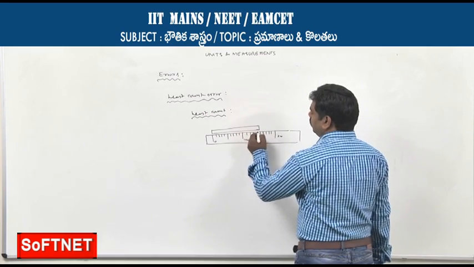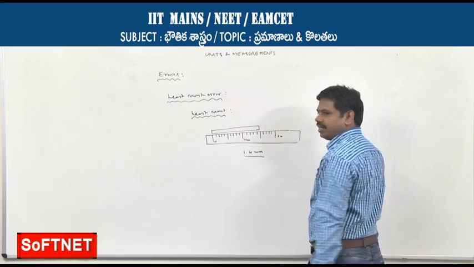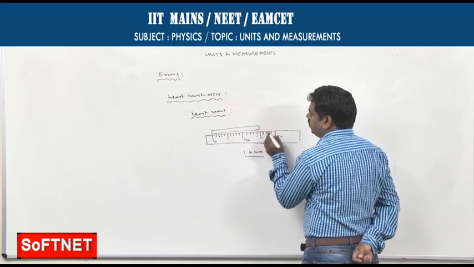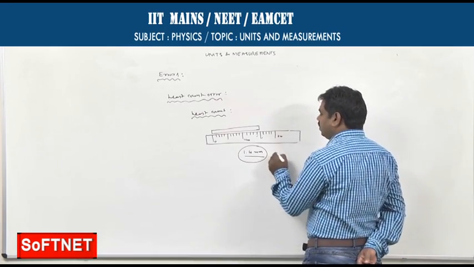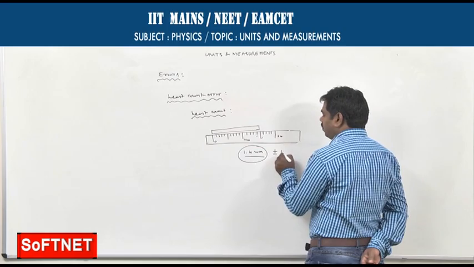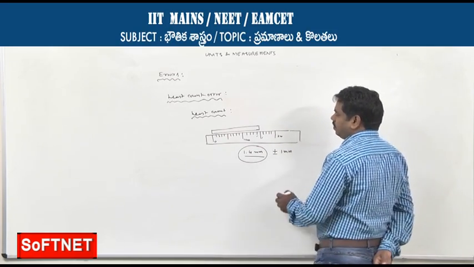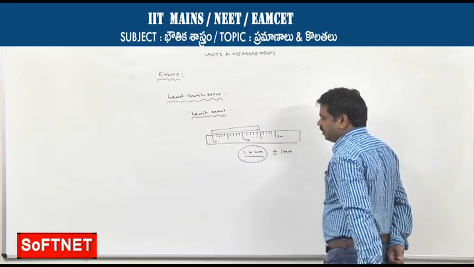When I find the length of the rod, if you observe carefully, you are going to get about 1.4 centimeter, but not exactly. The reading lies in between this division and this division. That means in this measurement you are going to get an error of about 1 millimeter. The minimum value that can be measured by an instrument is called the least count.